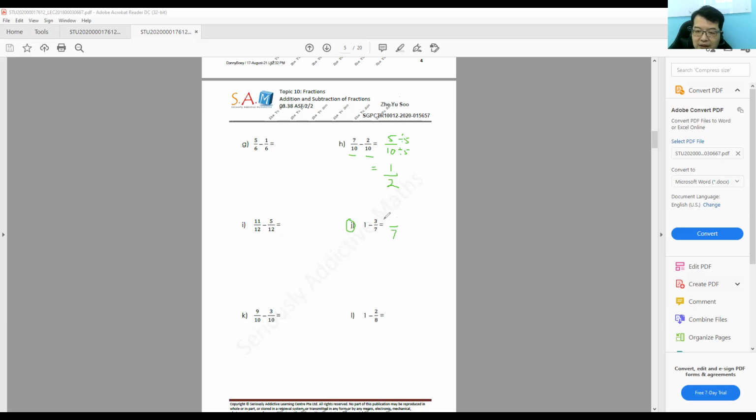It'll be 1 times 7 over 1 times 7, because 1 whole is 1 out of 1. Numerator times 7 equals 7, denominator times 7 equals 7. So 1 whole is the same as 7 out of 7, and then you have minus 3 out of 7. 7 out of 7 minus 3 out of 7 equals 4 out of 7.